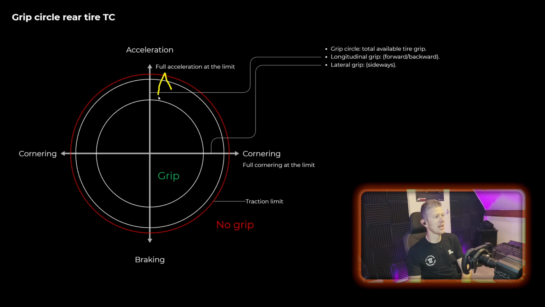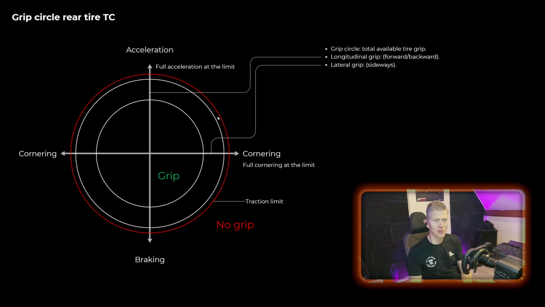So this is constantly happening. The tires are constantly having these forces of acceleration and braking and cornering. And the TC is about this limit and how the engine cut and TC slip is interacting with the moments we are coming close to the area where we lose the grip.